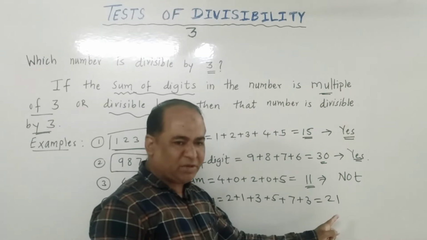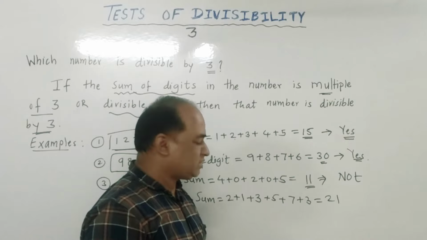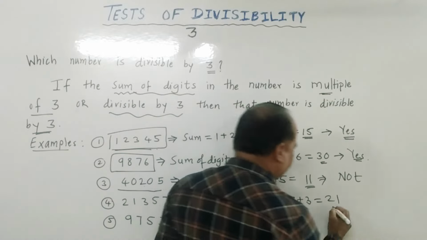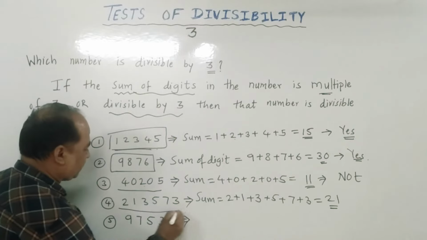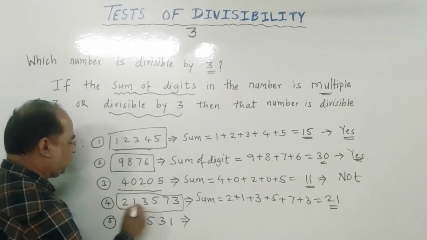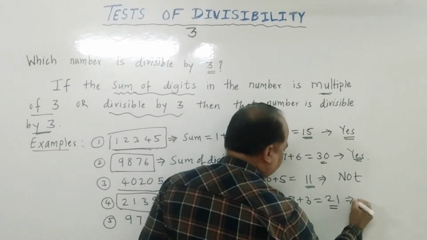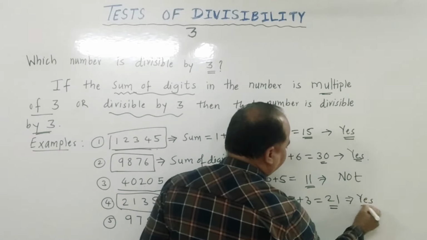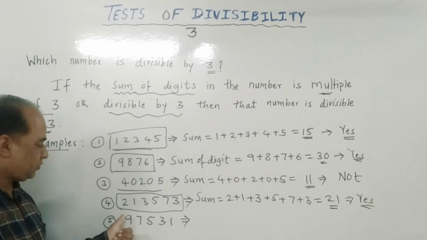Is 21 divisible by 3? Yes, 21 is divisible. 3 sevens are 21. It is divisible by 3. So this number 213573 is divisible by 3. If you divide this number by 3, you will get remainder 0.